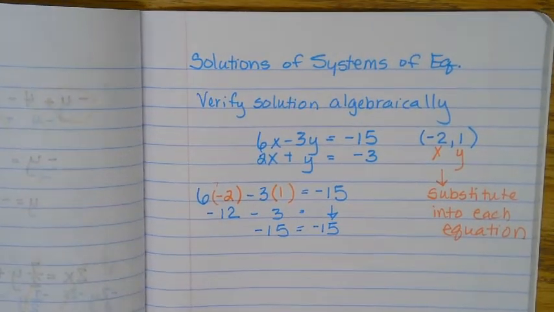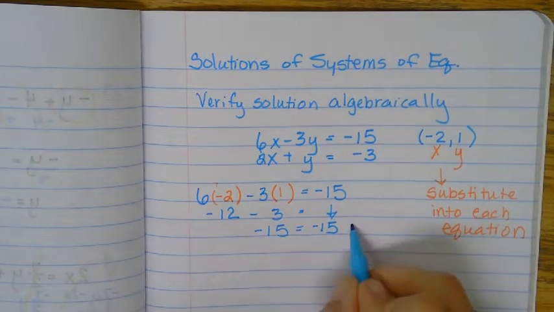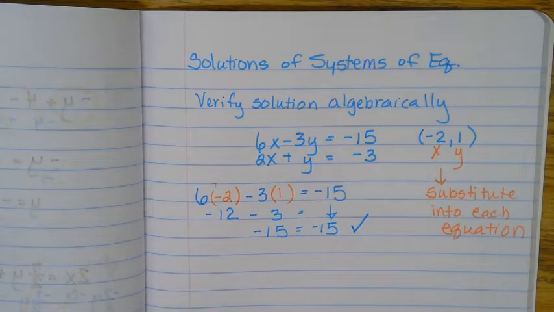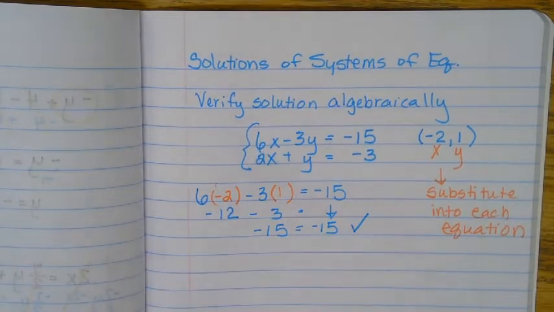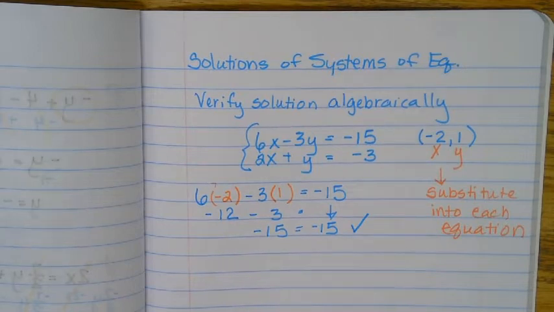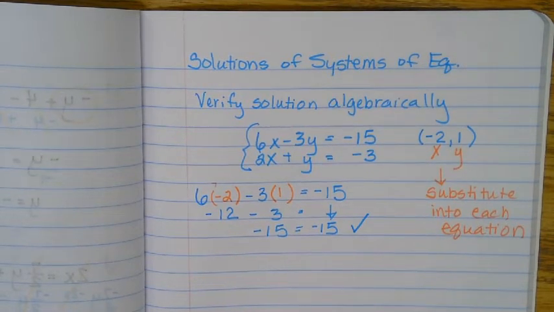Now, is that a true statement? Is negative 15 equal to negative 15? Okay. So it checks in the first equation. So it is a solution to the first equation. In order for it to be a solution to the system, it has to be a solution to both equations.